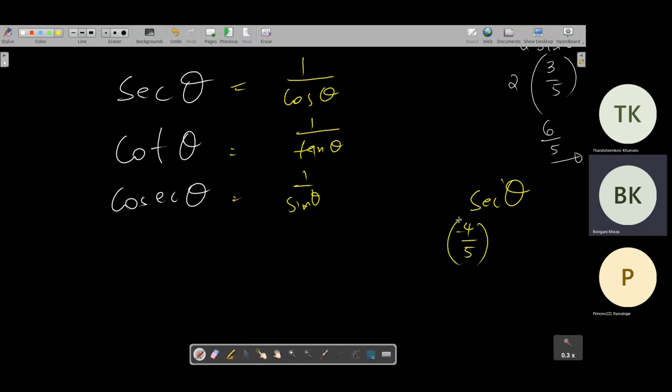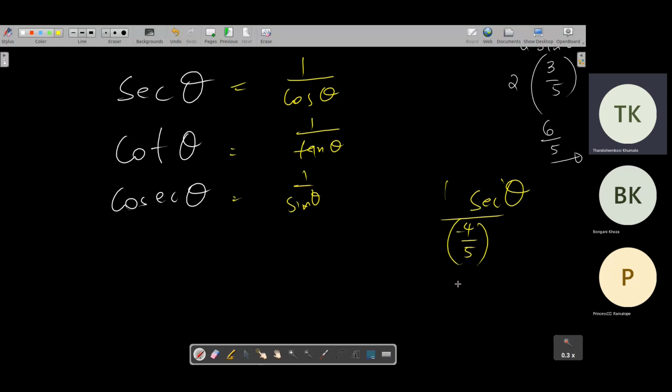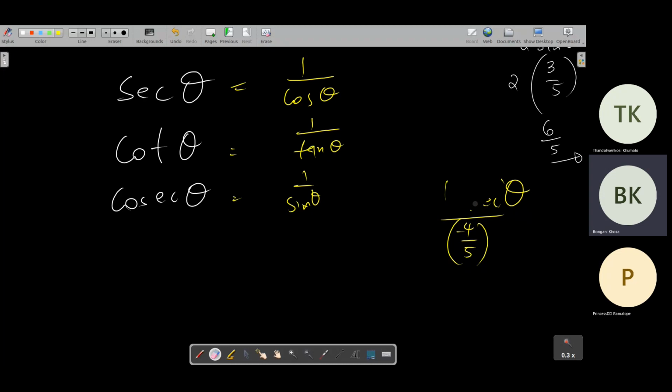So for sec, this would just be 1 over that. So sec theta would be 1 over this, and you'd get something like 5/4, with the sign, right?